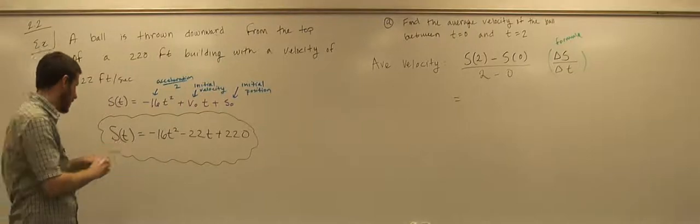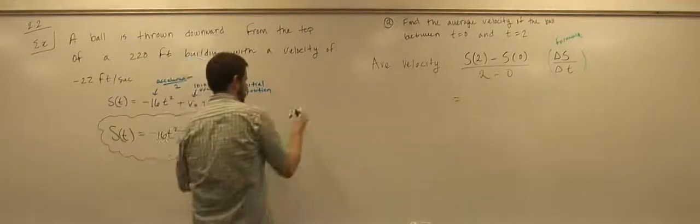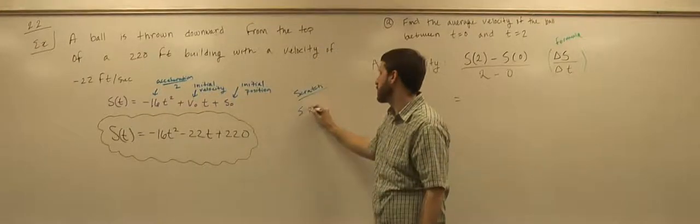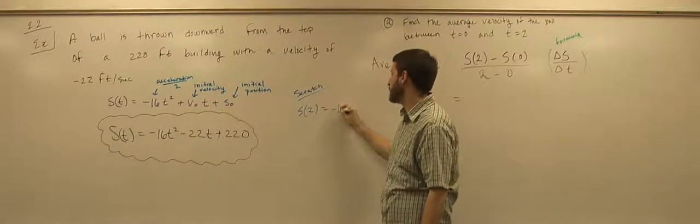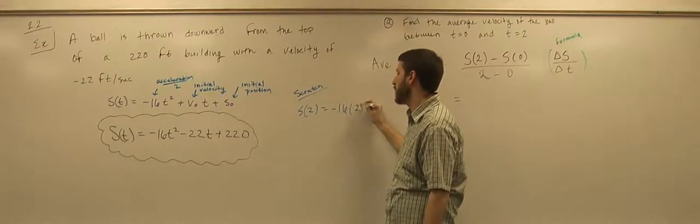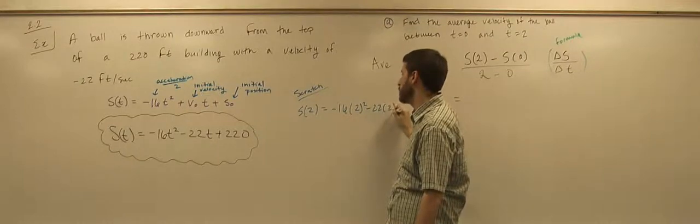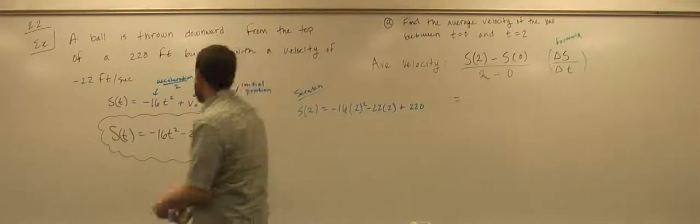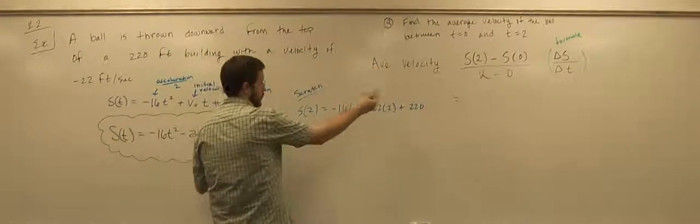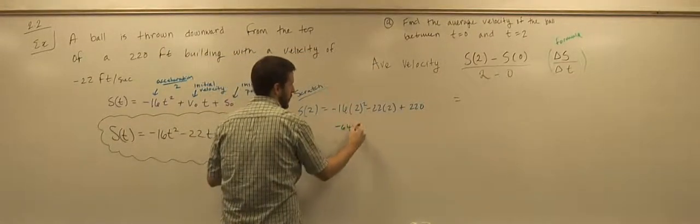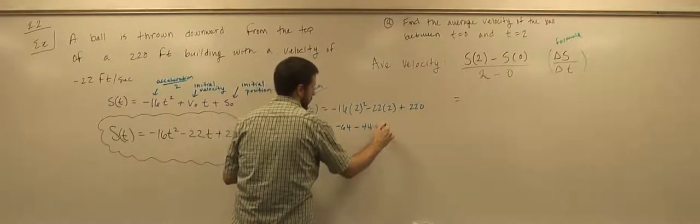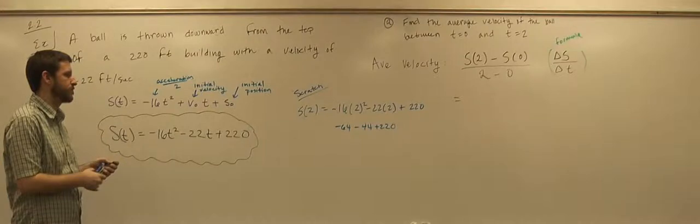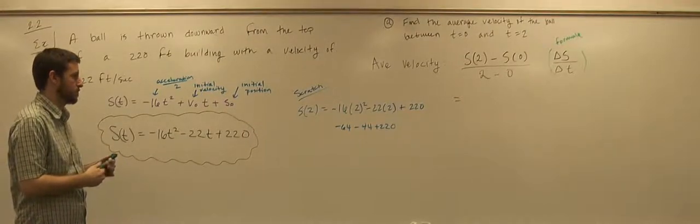So somewhere on your scratch board, you have to calculate S of 2, which equals negative 16 times 2 squared minus 22 times 2 plus 220. Which is negative 64 minus 44 plus 220.